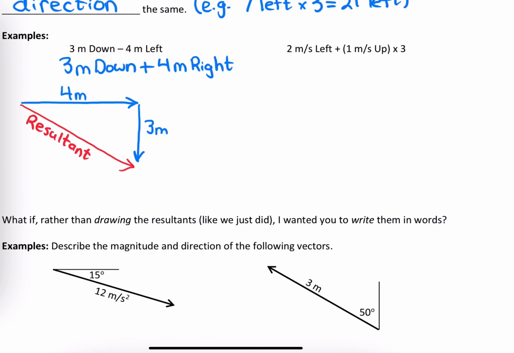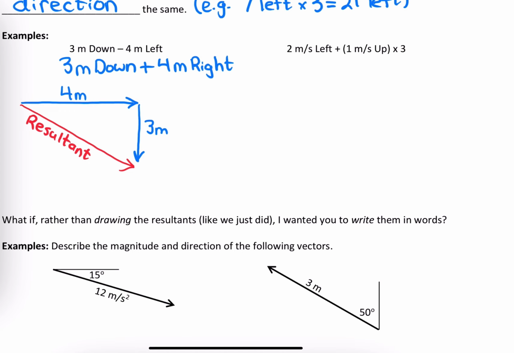Velocity is a vector, and these numbers look like they represent a velocity. Acceleration is a vector as well, and force is a vector. And all these things have different units. So the vectors I'm adding could have all sorts of different kinds of units. But the units don't really matter for adding the vectors together. Regardless of whether the units are meters or meters per second or meters per second squared or newtons, I just do the same thing. I'm drawing the arrows out.